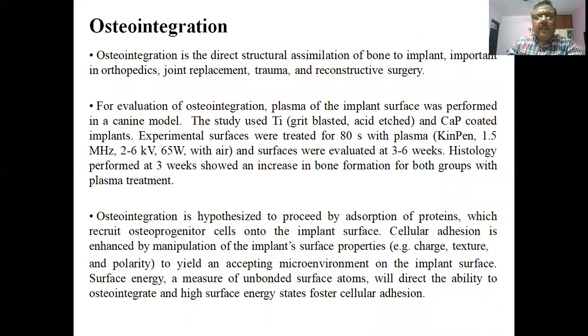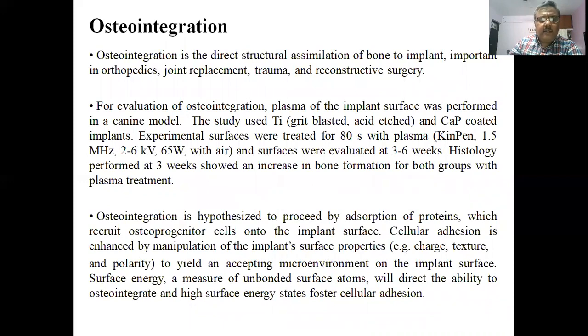Osteointegration is a direct structural assimilation of bone to implant, important in orthopedics, joint replacement, trauma, and reconstructive surgery. This is hypothesized to proceed by absorption of proteins which recruit the cells into the implant surface.